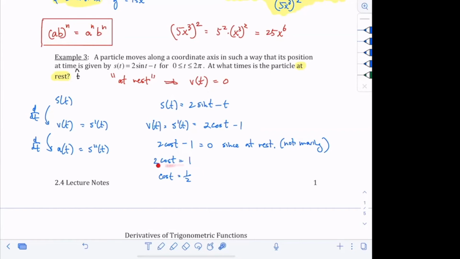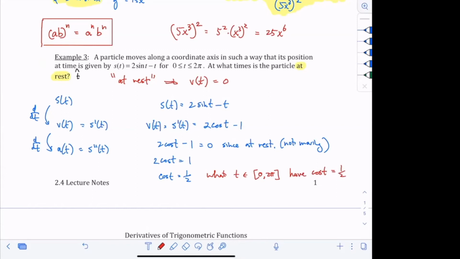I've got to ask myself, what t in the set from 0 to 2 pi, which is this unit circle, has cosine of t equal to 1/2?